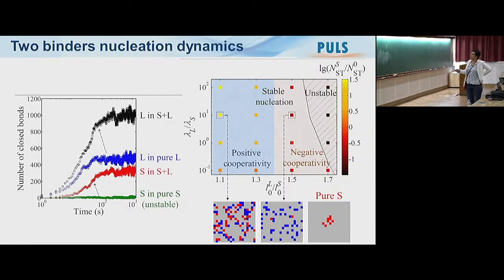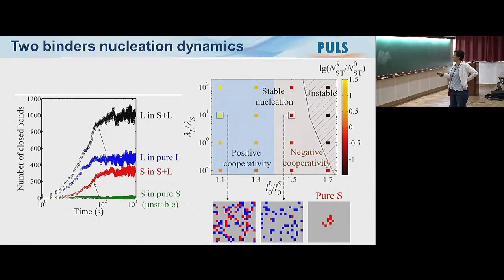You have a difference in length of the long and a short, and the difference in stiffness of the long and a short. And then there will be a range where you have stable nucleation and unstable nucleation, which comes from membrane parameters. And then you have basically positive cooperativity in this part of the phase space and negative cooperativity or anti-cooperativity in this part of the phase space.